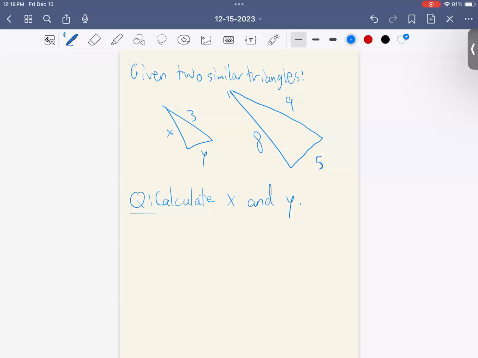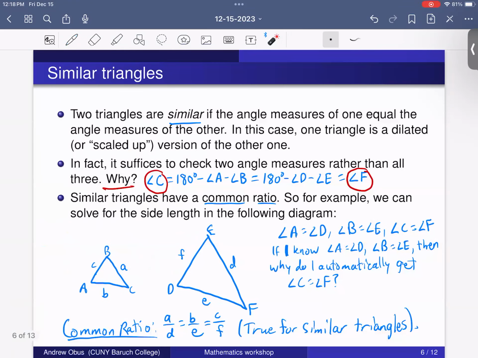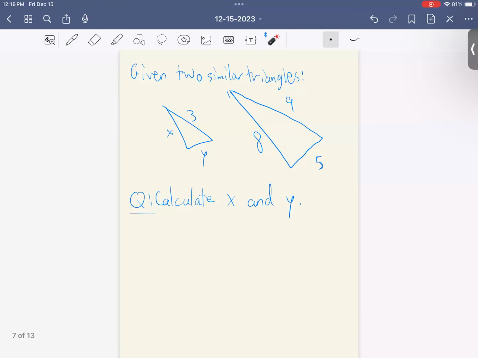I'm telling you that these triangles are similar, right? So what we know is that similar triangles have this common ratio. The ratios of the respective sides are all equal, right? So what is the common ratio of these triangles based on how I drew them?